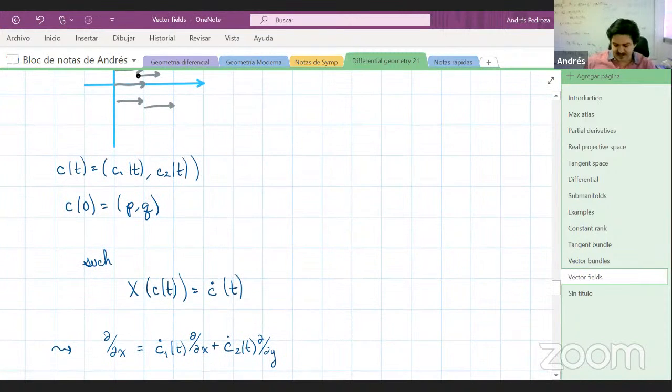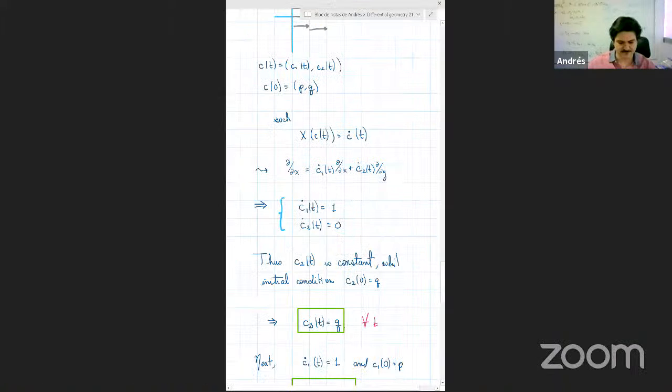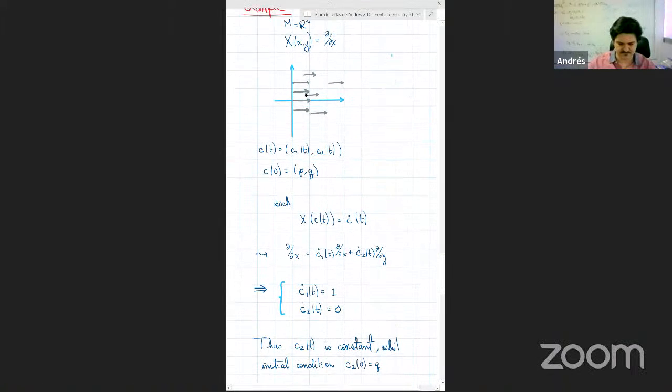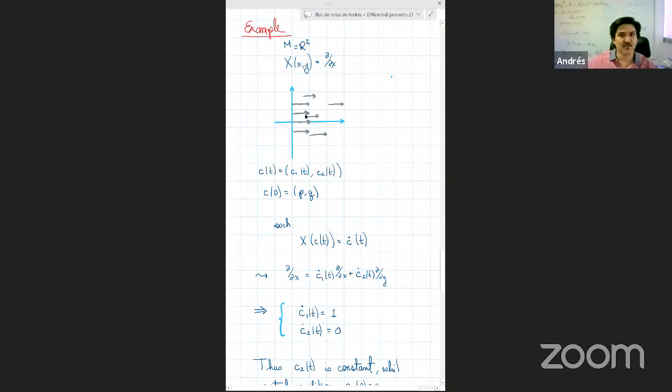So the left-hand side, let's see if you have more room here. Remember the left-hand side here, it is just d/dx. And now the derivative should be exactly this.